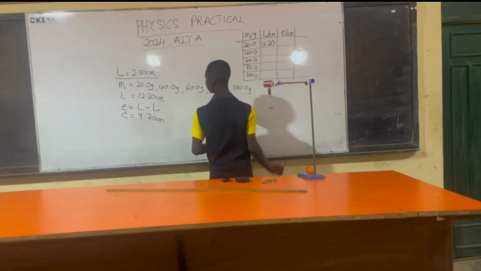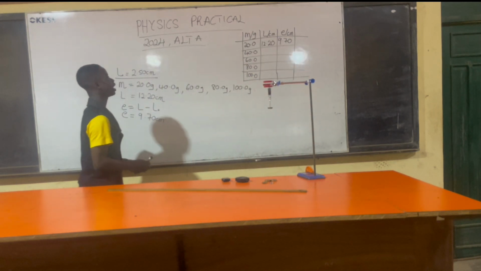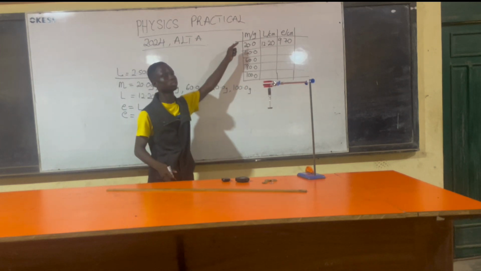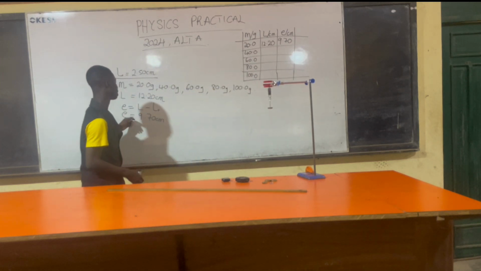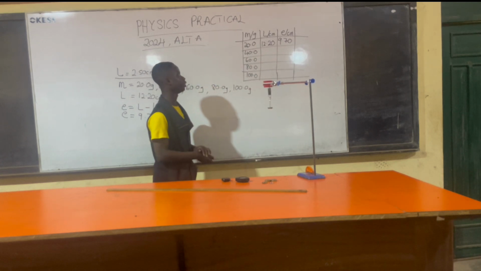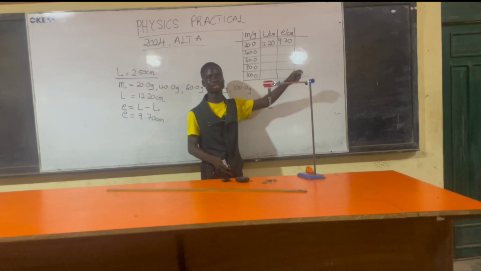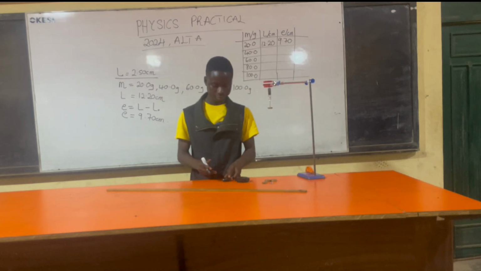For the E, we have 9.70. When we add mass 40 to it, we'll also need to measure L for mass 40. Then when we add mass 60, we also need to measure L as well as its extension.